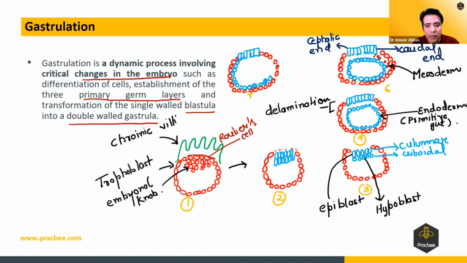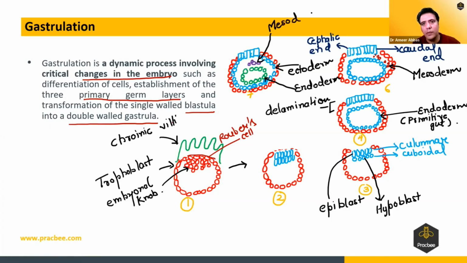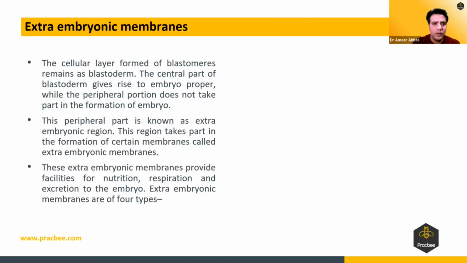So there will be a formation of a layer, ectoderm. Clear? And inside this layer, you will see this is endoderm, and the scattered pouches are known as mesoderm. This is how the three germ layers are formed.